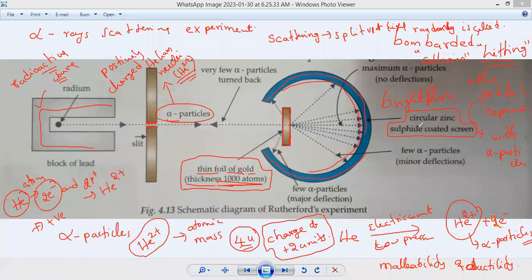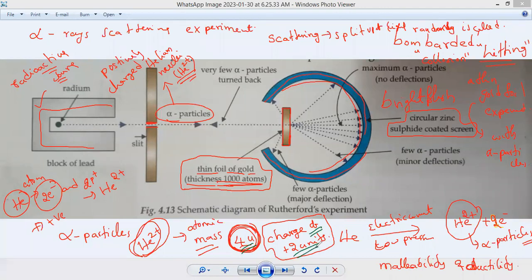He assumed that alpha particles are much heavier than protons, and he expected that alpha particles would be deflected by subatomic particles present in the atom of gold foil. Do you understand, all of you? As we know, what is the mass of the alpha particle? Alpha particle mass is 4 u. And what is the charge? The charge is 2 units.